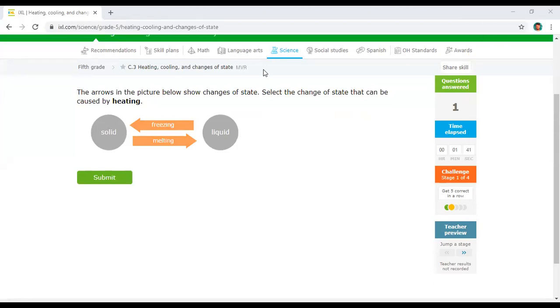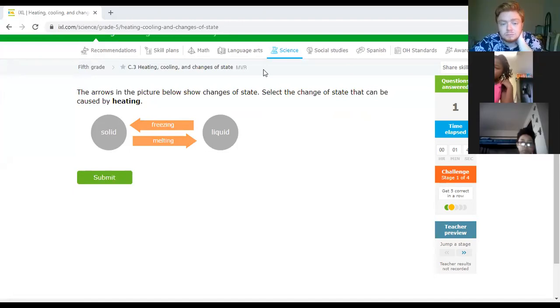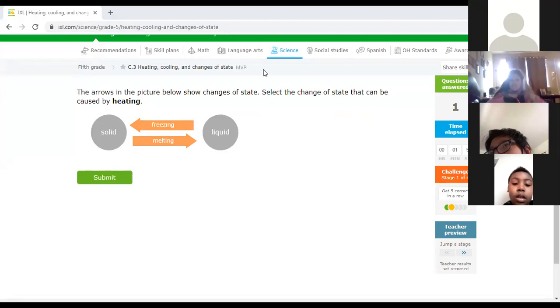The question is, which one of these processes is happening by heating? Oh, melting. Solid to liquid. Yes. So when an ice cube is melting back to water, you're using heat in some way, shape, or form.